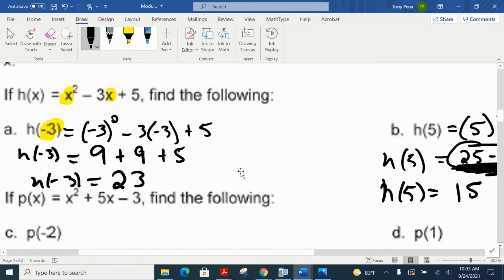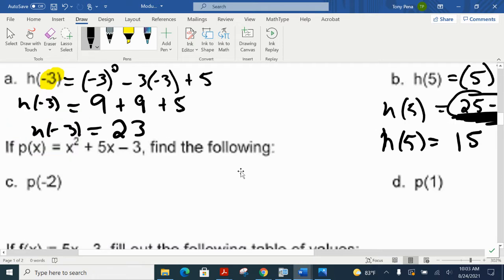Okay, the next one, I just want you to do C. I just want to make sure we can do the negative, and then if you can do C, you can definitely do D. So plug C in, see what we get.